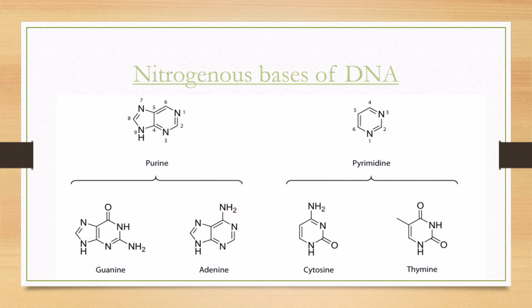Now, these are the bases which make up the DNA. DNA is made up of purines and pyrimidines. The purines are guanine and adenine. The pyrimidines are cytosine and thymine. So guanine pairs with cytosine, adenine pairs with thymine.